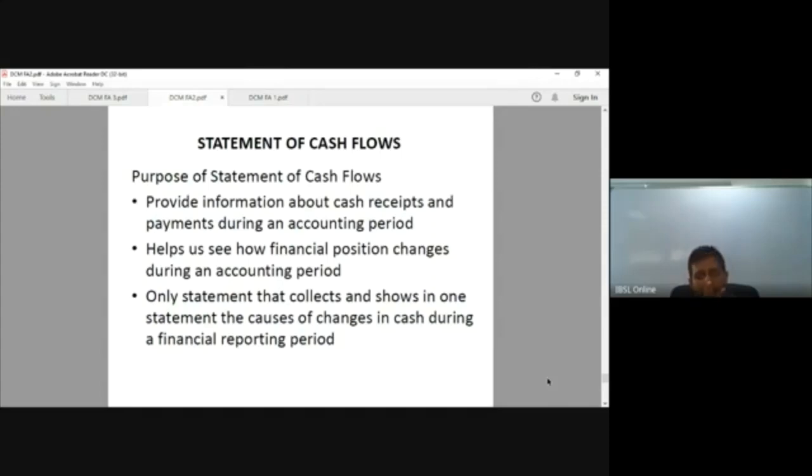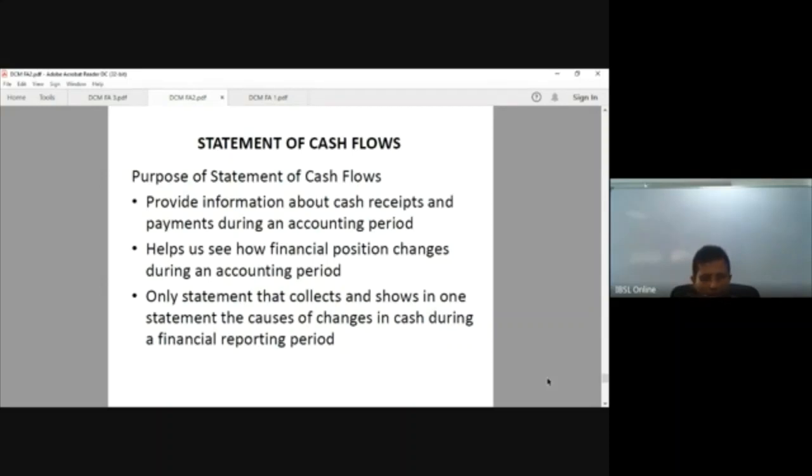All other statements, apart from the cash flow statement, are prepared based on the accrual concept. What is the accrual concept? If you take an income, whether it is received or not, we take that item as income if it falls into the particular financial year.